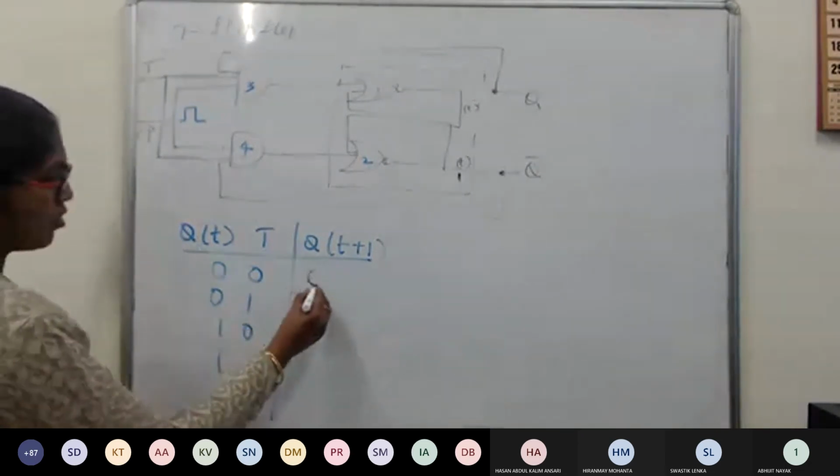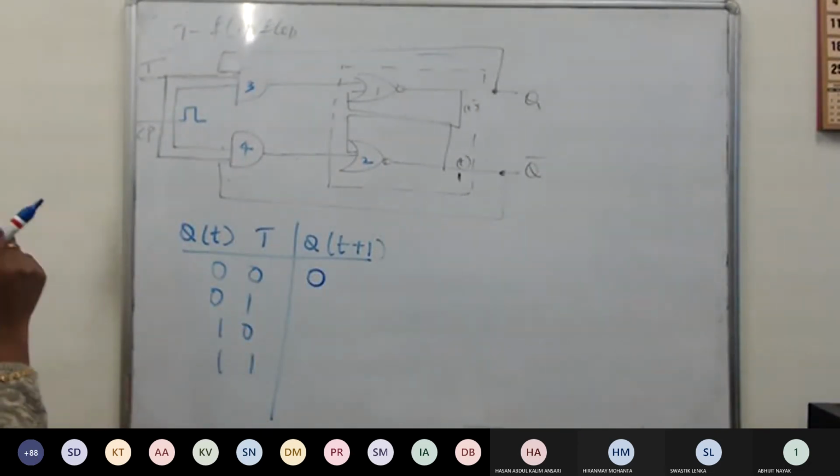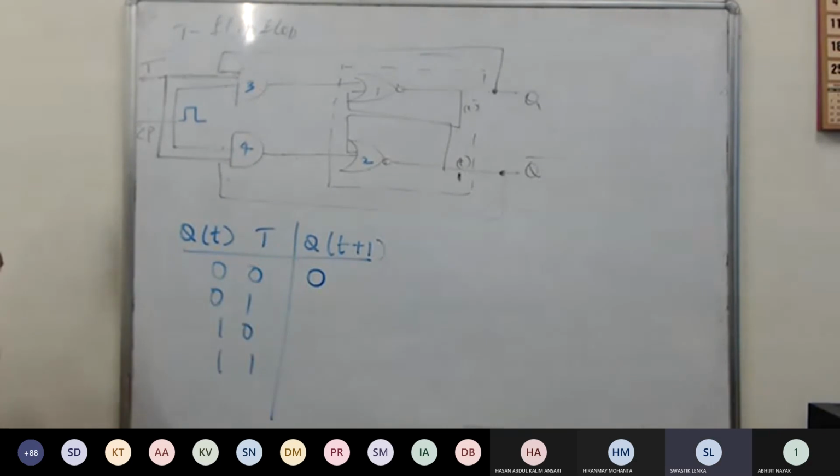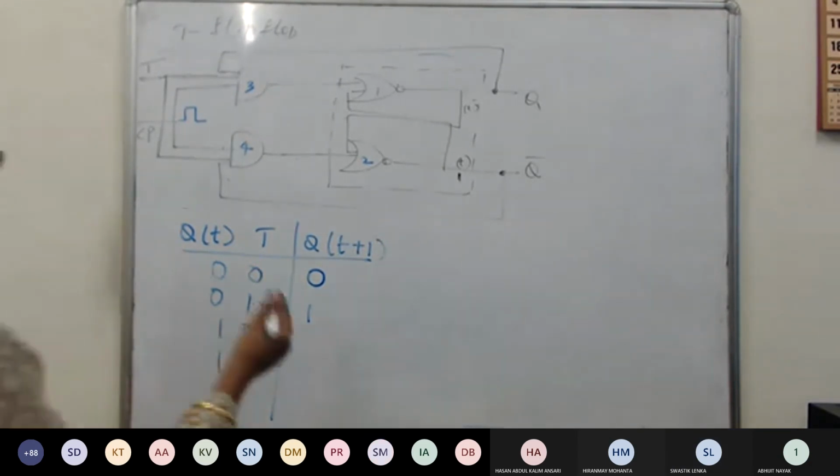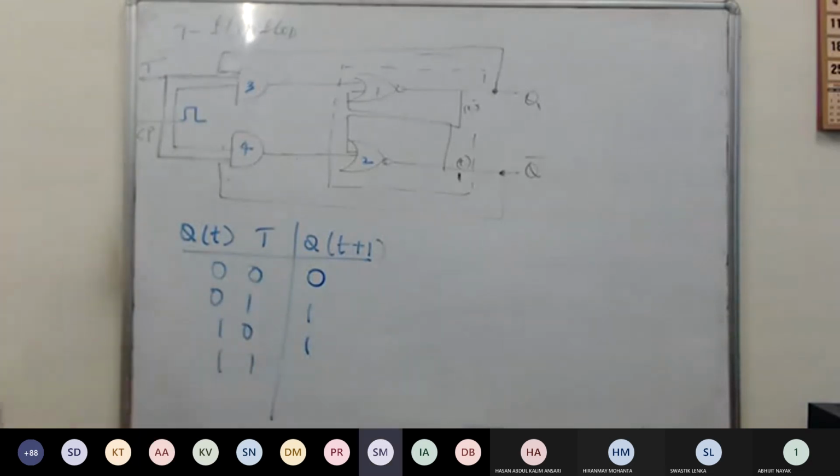Somebody, is this 0 coming? Yes. For 0 1, for 0 0 1 1? It is 1. Okay, 1 0? 1. Okay. 1 1. Yes. Good. At least interesting.